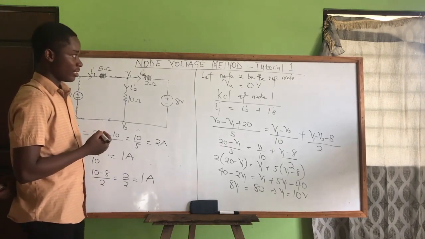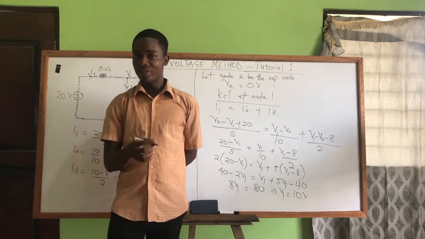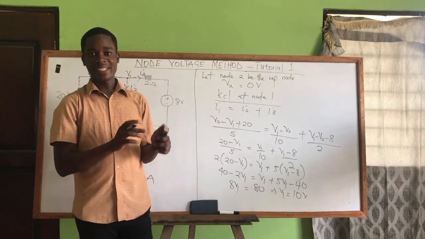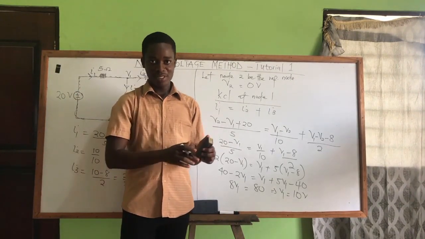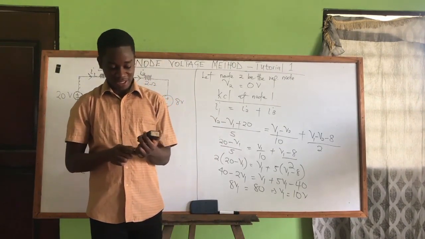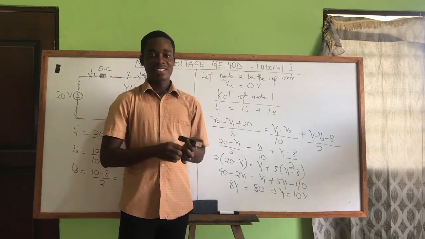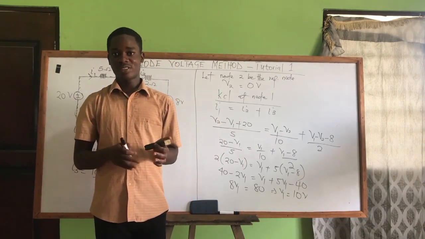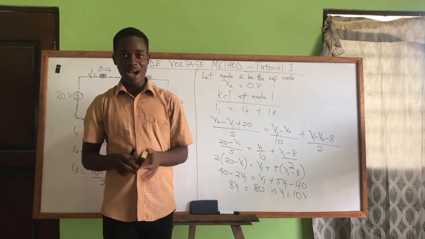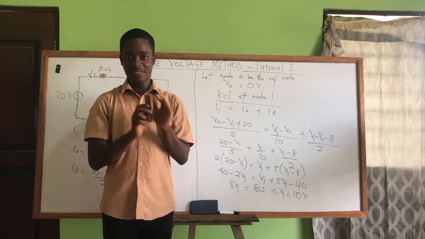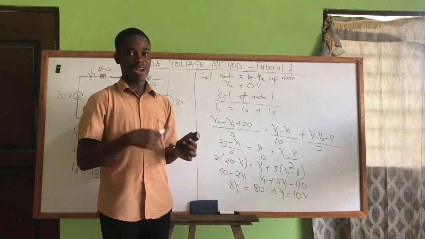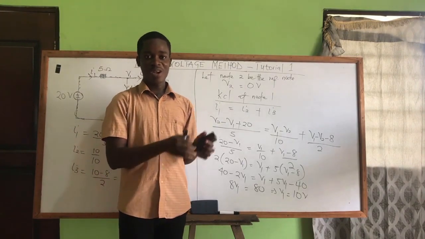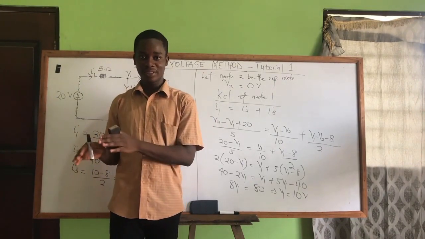So this is how to use the node voltage method. You first of all identify the number of nodes, assign voltages to the nodes, and set one of the nodes to be your reference. Then we will have n minus 1 nodes left. The next thing to do is write Kirchhoff's current law at the non-referenced nodes.